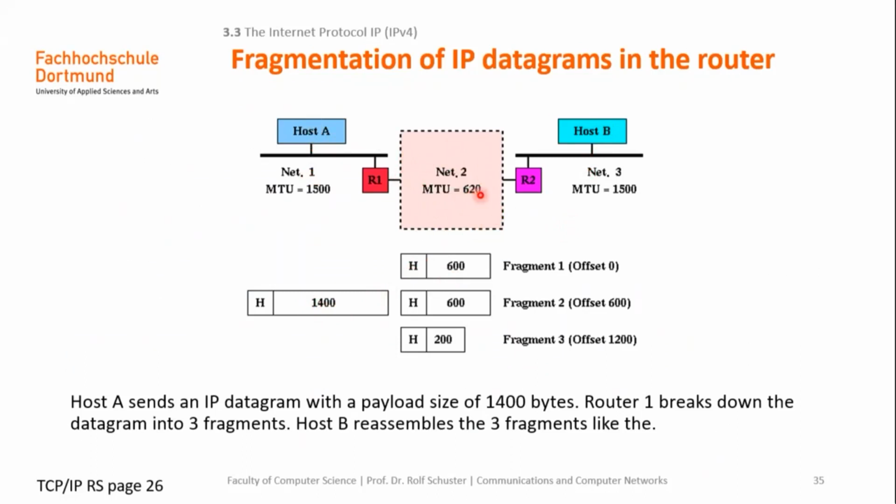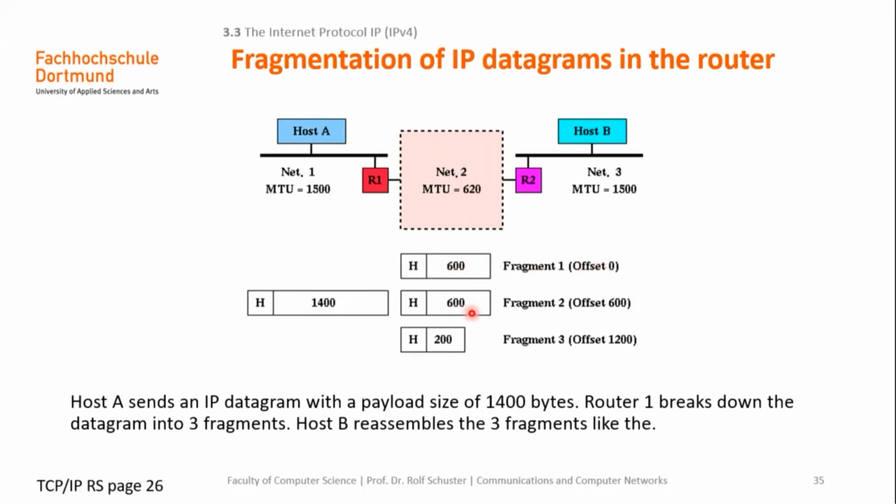Because in fact 20 is used by the IP header. Remember that the IP header typically has a size of 20 bytes. And then here we have the first fragment, that is offset 0, more fragment 1.